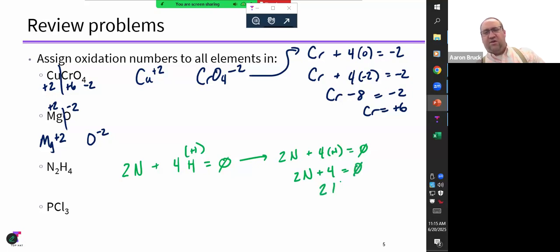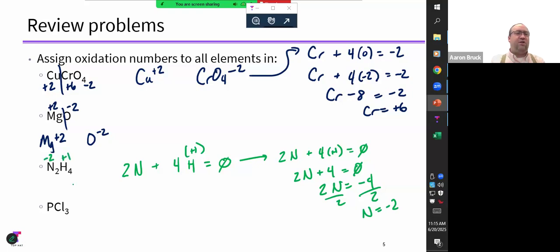And if I start doing all the algebra, subtract the 4s, divide by the 2's, I get nitrogen at -2. So the nitrogen is a -2 charge, the hydrogen's a +1 charge. Does that make sense? 2 -2's is -4. 4 +1's is +4. The -4 and the +4 cancel out. I end up with a neutral molecule.